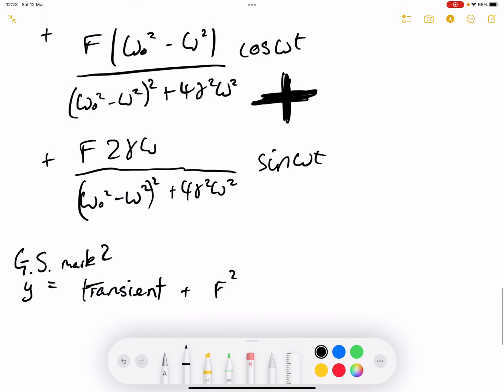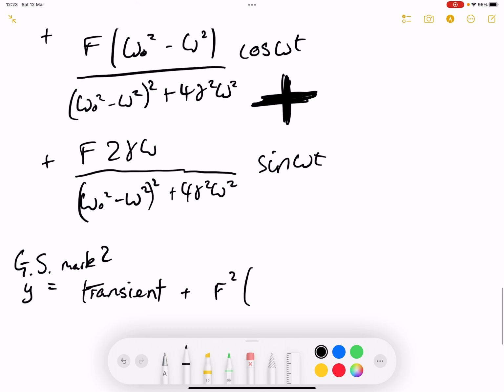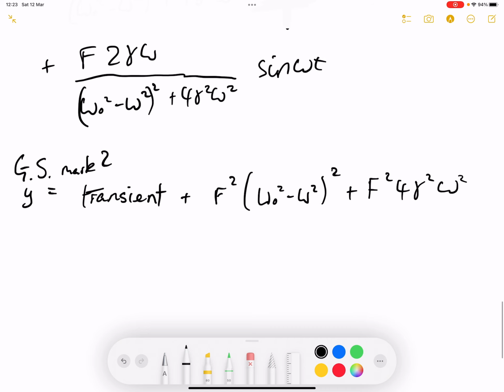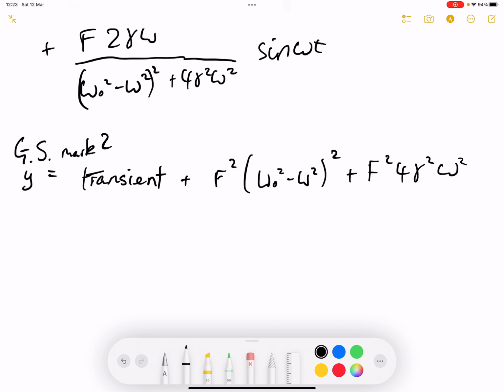We can take out a factor of f squared: f squared times omega naught squared minus omega squared, squared, plus f squared times 4 gamma squared omega squared. Now I can see some of you will have spotted this already, but something is going to cancel and it's going to be glorious.